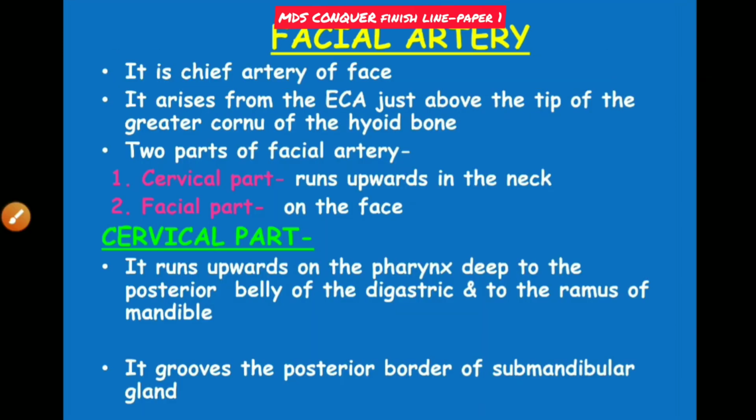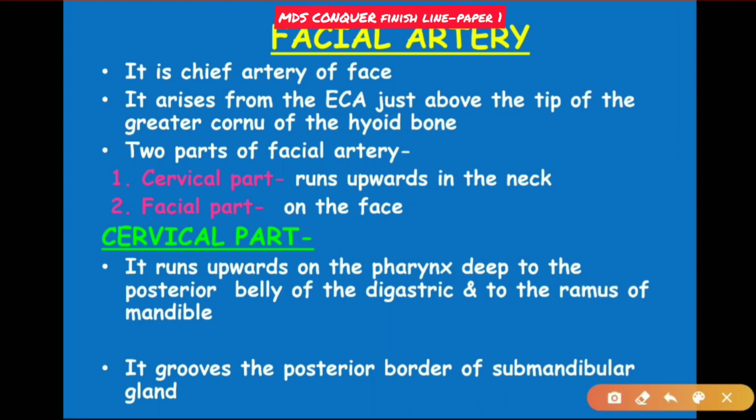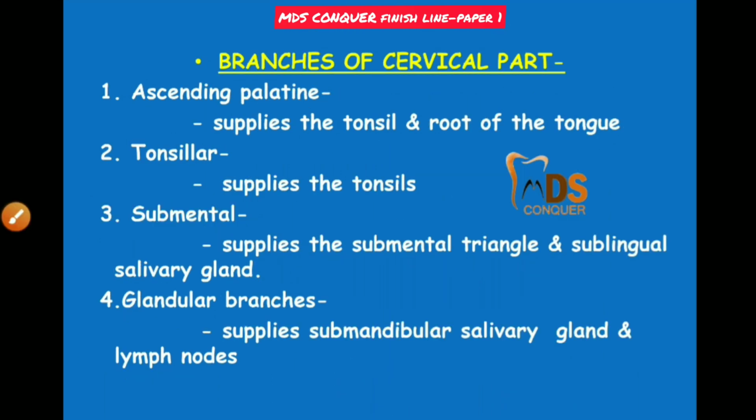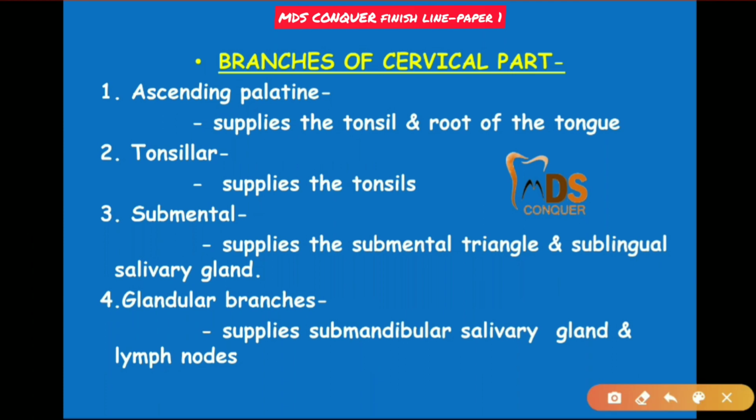Then the superior thyroid artery is done and the lingual artery is done. Coming to the facial artery, it has two parts, the cervical part and the facial part. The cervical part runs upwards in the neck, whereas the facial part runs on the face. The branches of the cervical part include the ascending palatine, which supplies the tonsil, the tonsillar branch, also supplying the tonsil, submental and glandular branches.